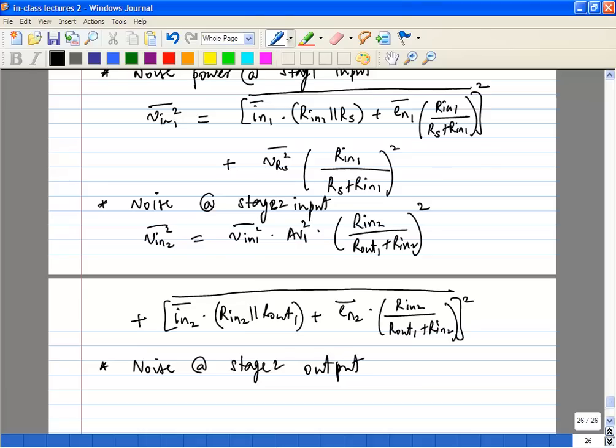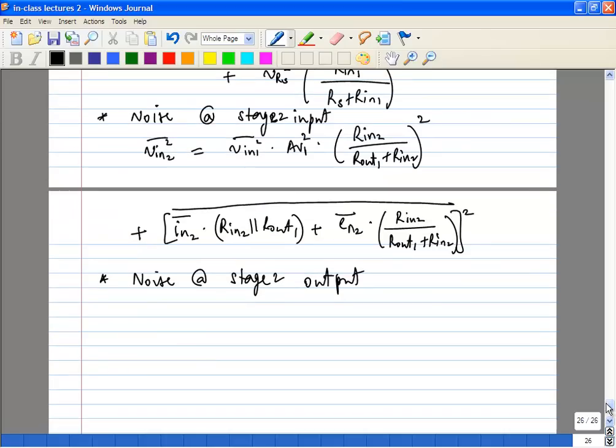So suppose you consider the cascade of two stages as one big stage, you want to calculate the overall noise power and then divide it by the noise power from the source alone. Okay? Yes? Av2 squared.